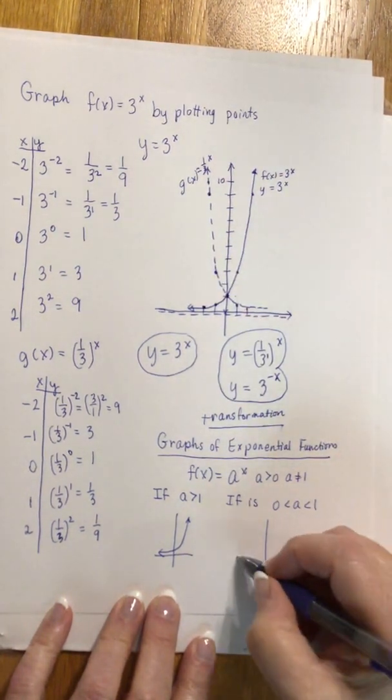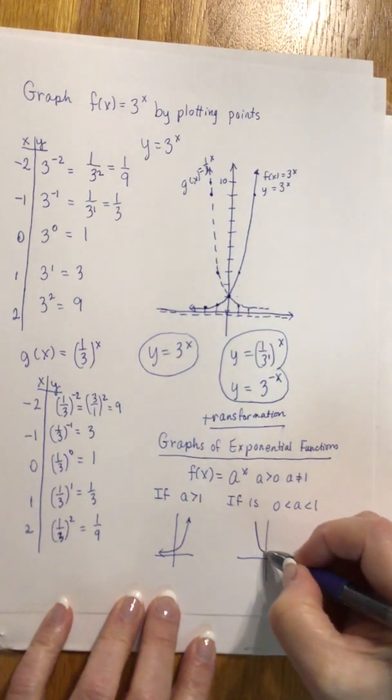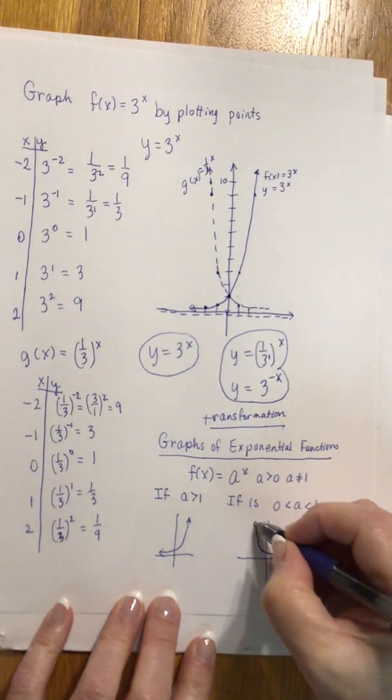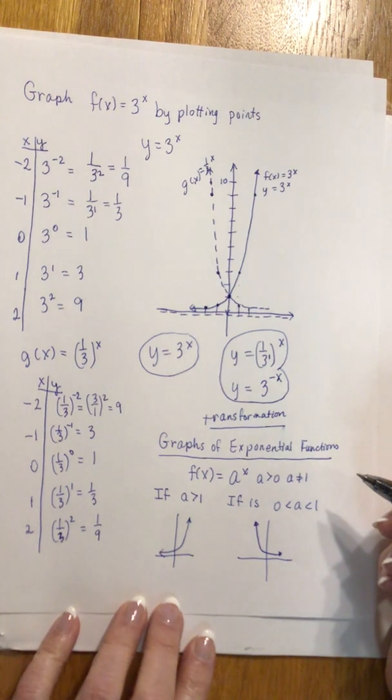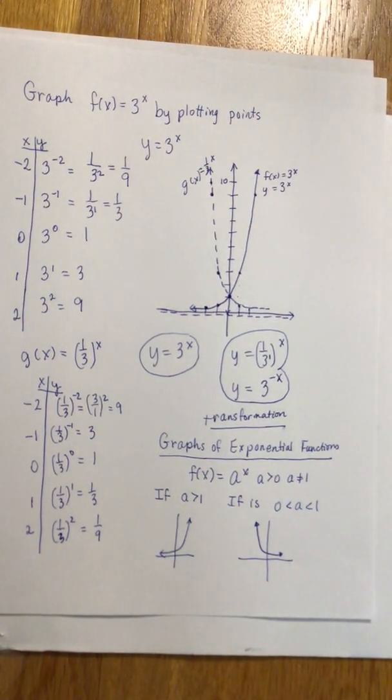So if we have some numbers that are between 0 and 1, then we know it's going to start high and go low. That gives us some things to think about when we're looking at the graphs. If it's greater than 1, start low and go high. If it's between 0 and 1, then it's going to go high to low.